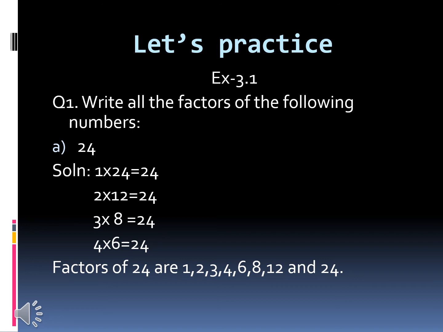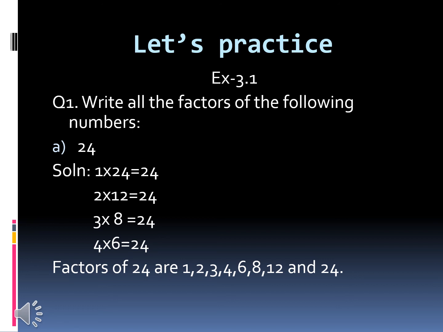If we check the divisibility rule of 3, the sum of digits, 2 plus 4, is equal to 6, so it is divisible by 3 also. 3 into 8 is equal to 24. Next number is 4. The last two digits of the number 24 are divisible by 4, so 4 into 6 is equal to 24.